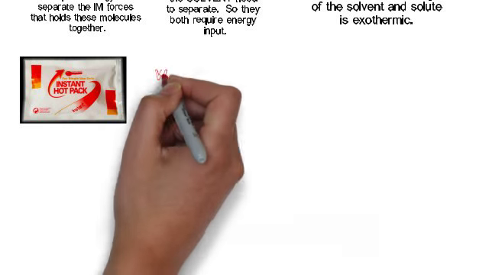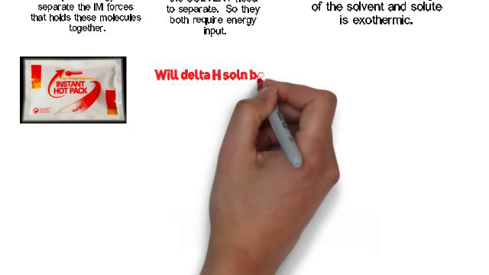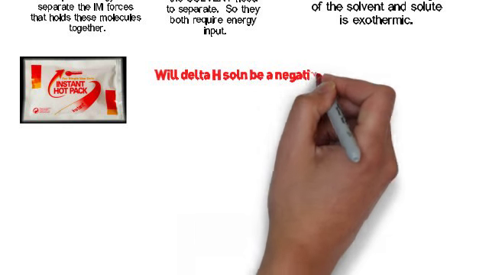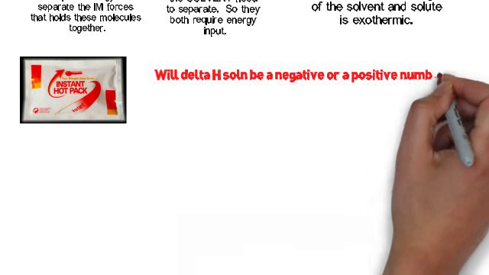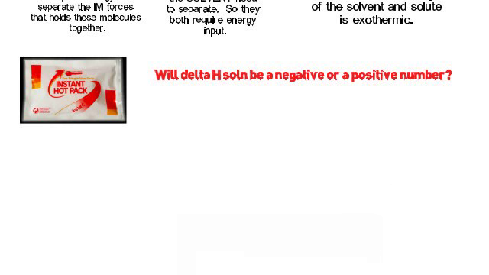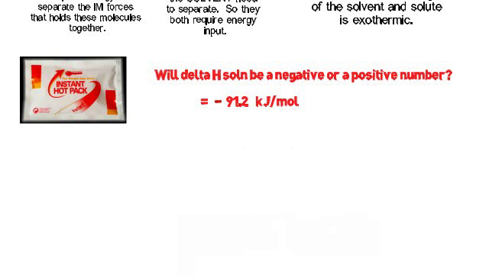For a hot pack, for example, will delta H solution be a negative or a positive number? Well, this will be a negative number because we are always looking at it in terms of the system itself. The system is losing energy. It's making you hot.